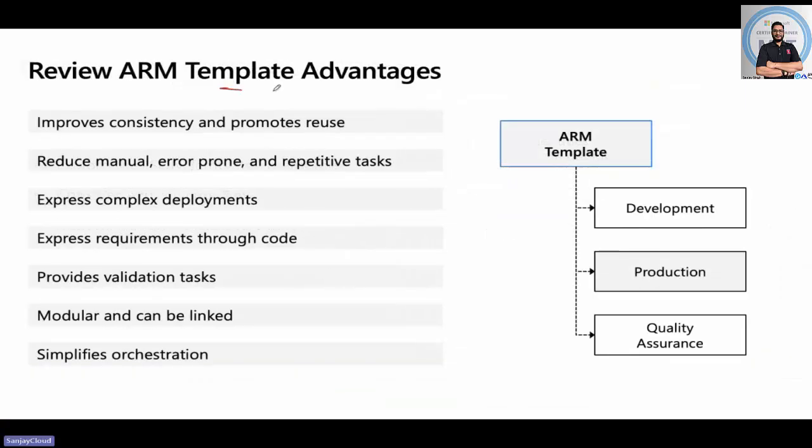So when it comes to template advantages, first, it improves consistency and promotes reuse. Any idea how it will improve consistency when it comes to using a template? Any idea, anyone? How will a template improve consistency?